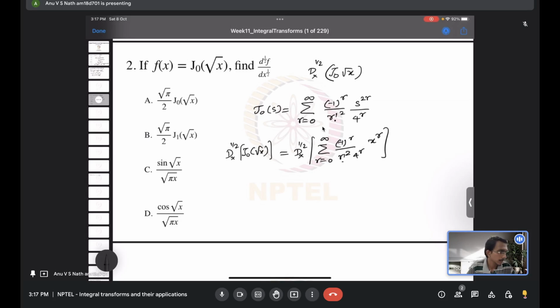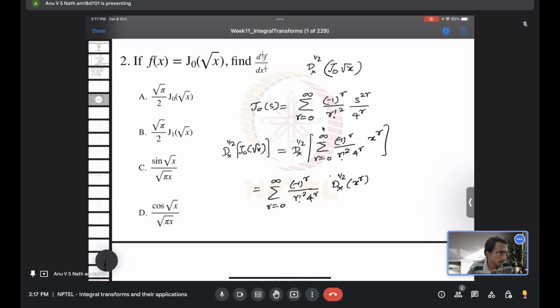Now because of the linearity, we can switch the operators. r is a variable which is not affected by the derivative operator, so we can take that outside, and D to the half is going to affect only x to the r.